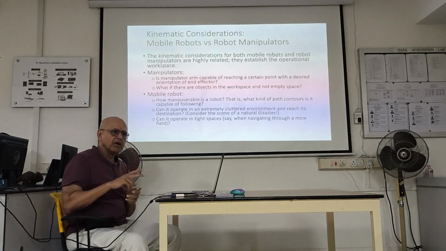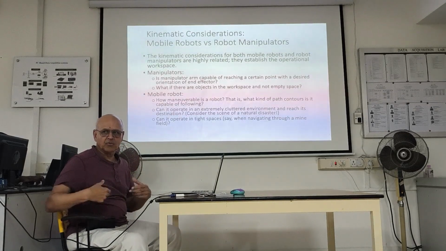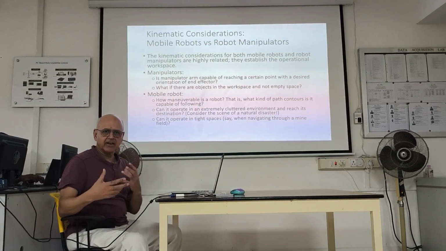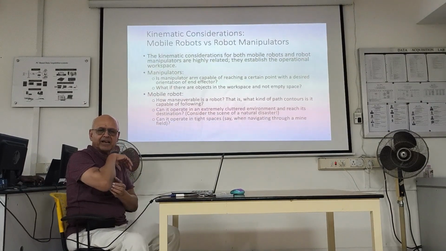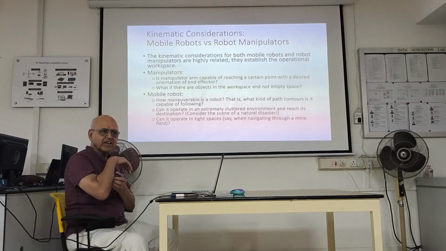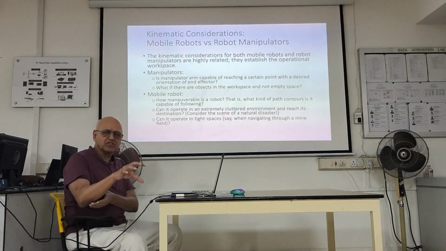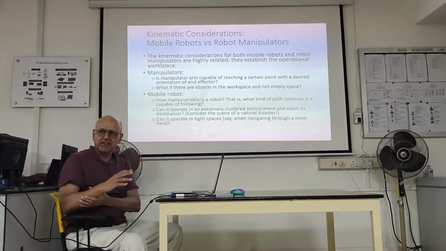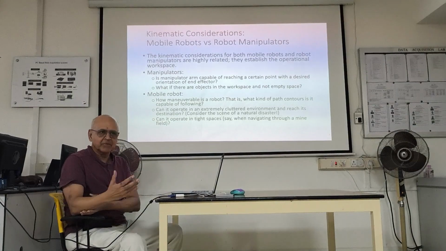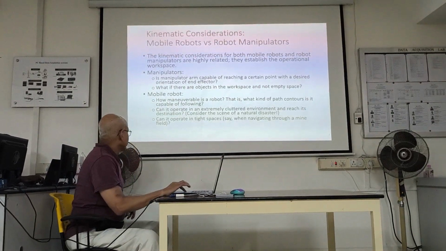So they have these snake robots that can go through the holes and look for the warmth of humans, and then conclude that there is somebody alive, and maybe deliver some water to keep them alive till rescuers can get to them. So the snake robot has a particular mobility that suits that application. The regular car is not going to help you in that situation. Maybe the car will get you to that point, but then something else has to take over. So here's another example. Can it operate in tight spaces?